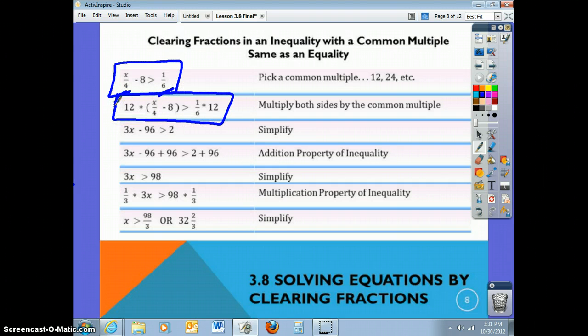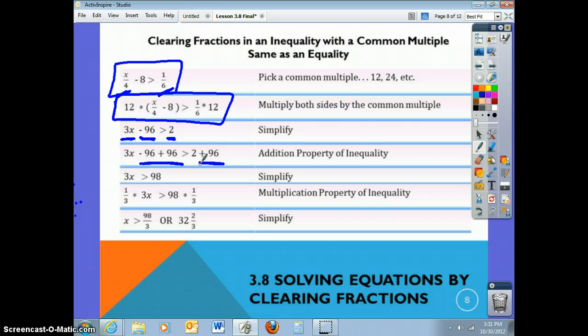When I do that, 12 times x over 4 gives me 3x. 12 times negative 8 gives me negative 96. 12 times 1/6 gives me 2. So I have 3x minus 96 is greater than 2. Then we kill Bill, add 96 to both sides. Then we annihilate Anna.